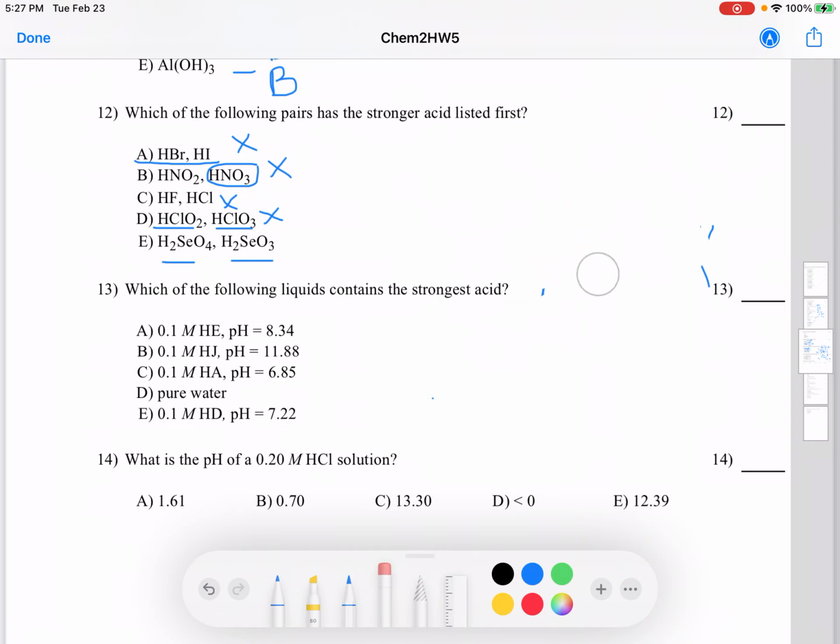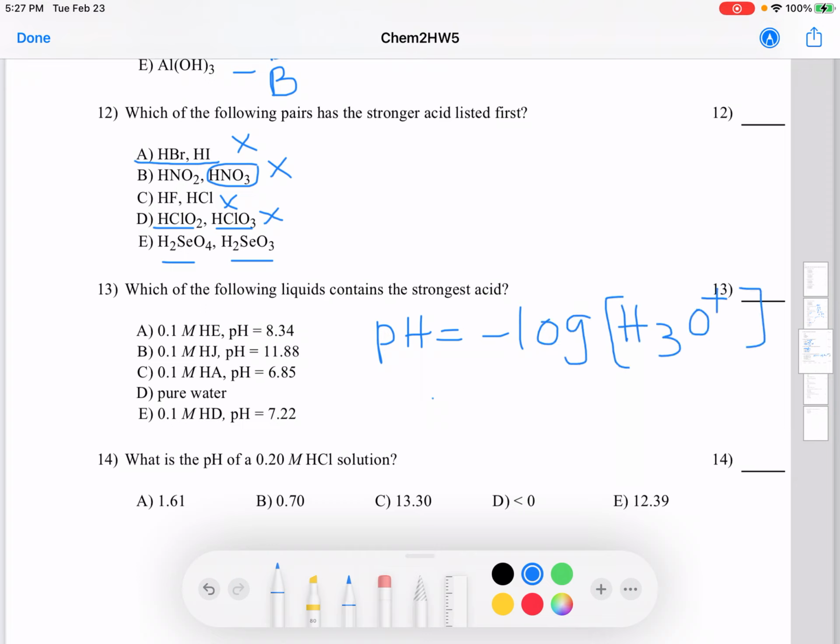Okay, the next one. Which of the following contains the strongest acid? Now, remember the pH. You can find the stronger acid by looking at the pH. What's the pH? pH equals negative log of hydronium ions, H3O+. So hydronium ion concentration and pH have an inverse relationship. The more hydronium ion concentration you have, the lower your pH would be.